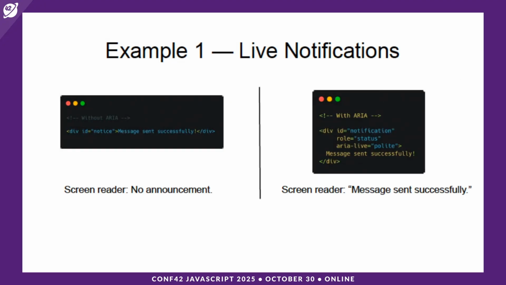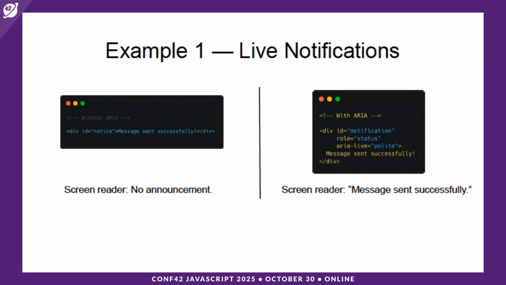A few code examples. This is an example without ARIA. As we can see here, the div element is created to display a notification message saying message sent successfully. But in the actual sense, no announcement will be made if an assistive technology comes in contact with this element on a website.